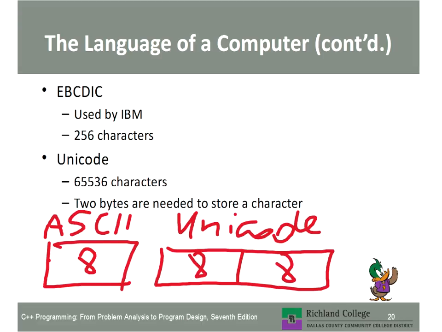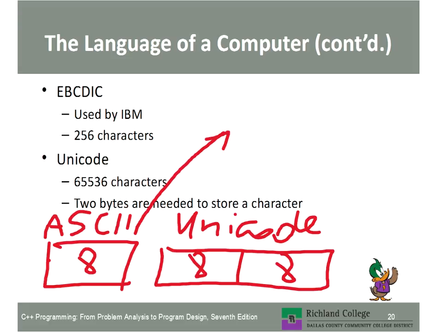Now that's because the ASCII characters are fine for the English language because we only have 26 uppercase, 26 lowercase characters, 10 digits, and a few special characters. So 8 bits is perfectly fine. But it was really using just 7 bits.